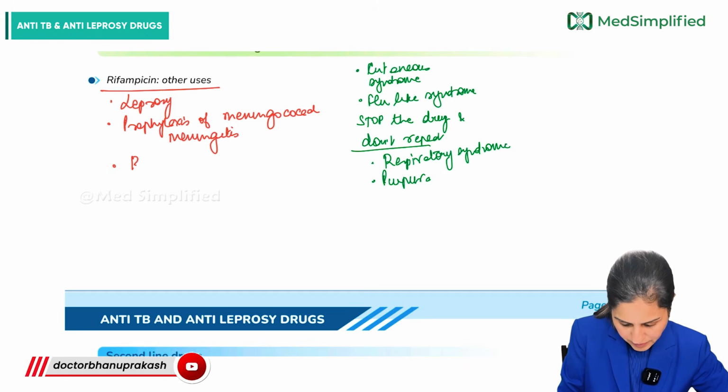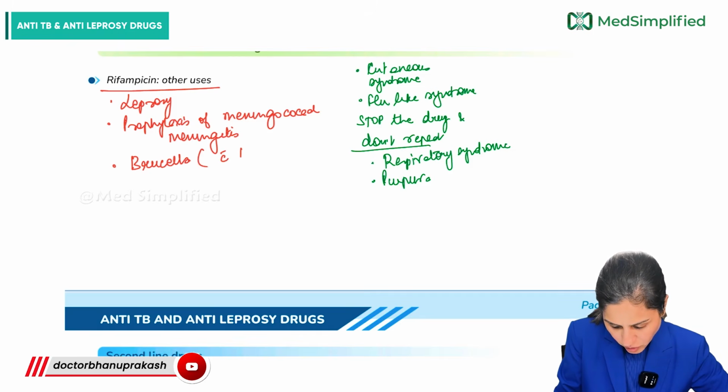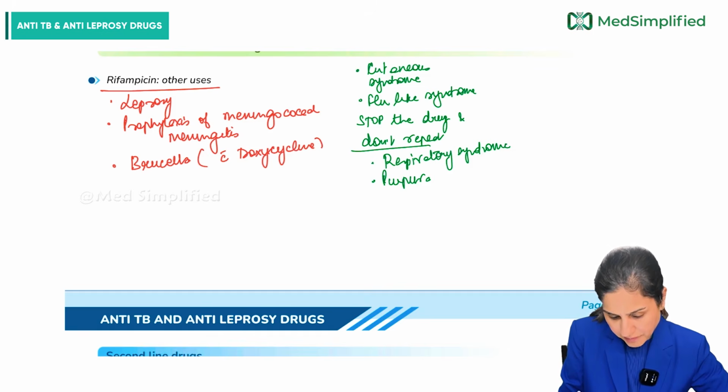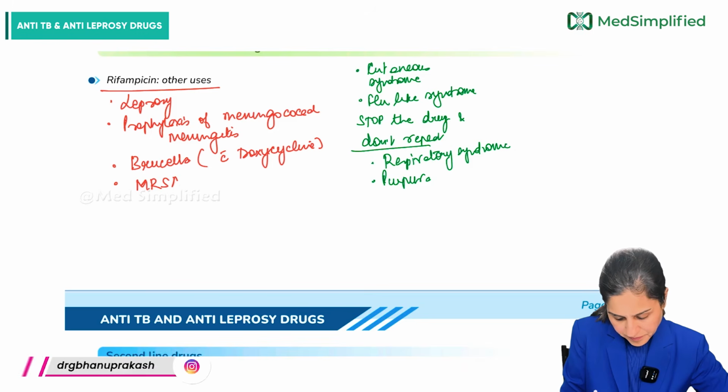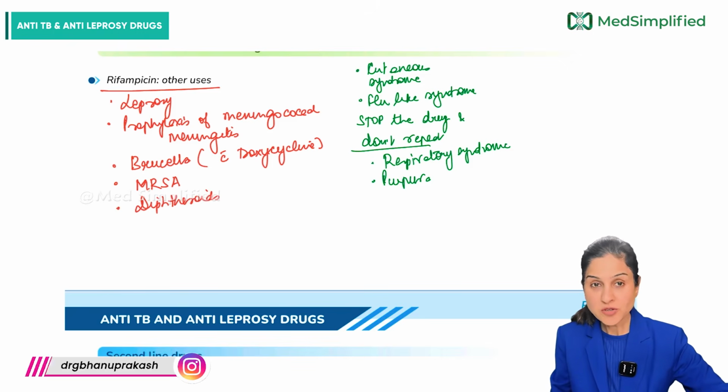Then brucella along with doxycycline. Then it can be used in MRSA and in diphtheroids. So in all these conditions, we can use rifampicin.